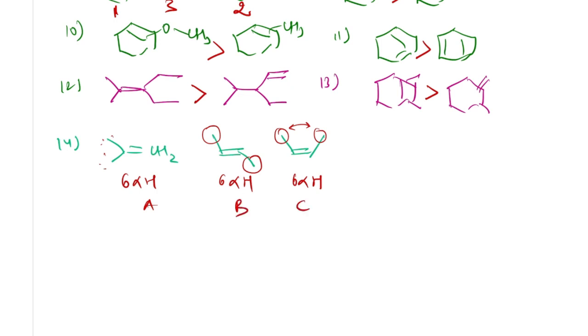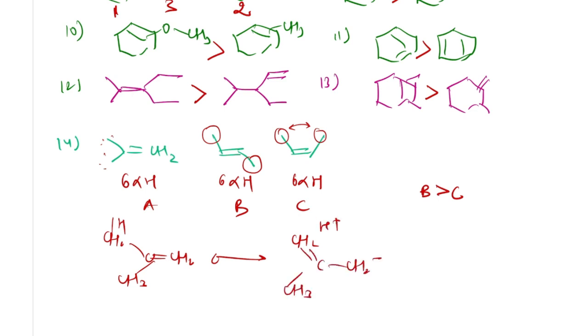But how do we compare it with A? So when A has hyperconjugation CH2, H, C double bond CH2, CH3. It will form CH2 double bond C, CH2 negative, CH3. Here we have H plus.